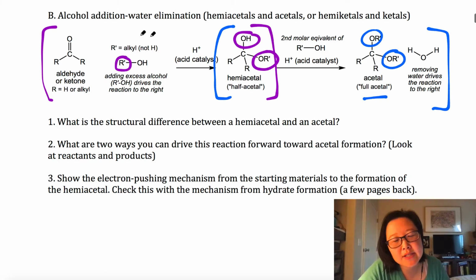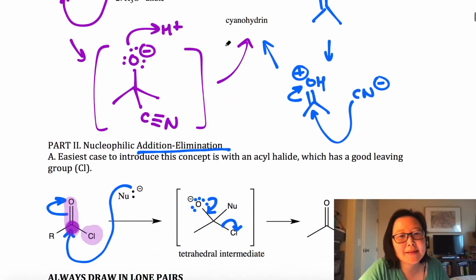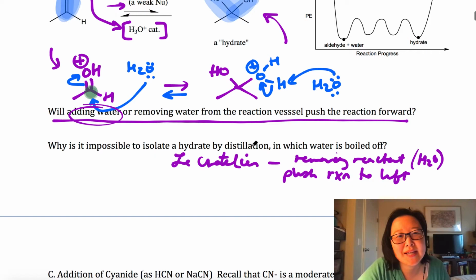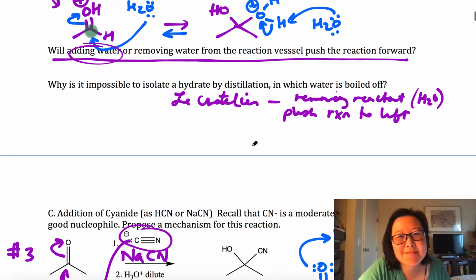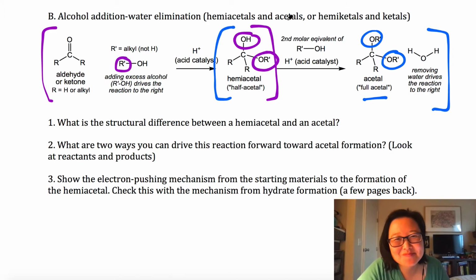I'll give you a chance to do this first one, where you follow the exact same thing we did with the hydrate just now. Do the activation step with the acid, nucleophilic attack, followed by proton transfer. And you should be able to do that. Yeah, let's give that a try, and then we'll go over that together.